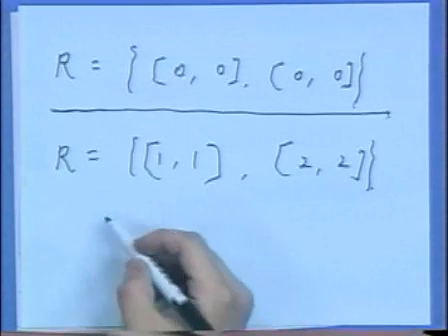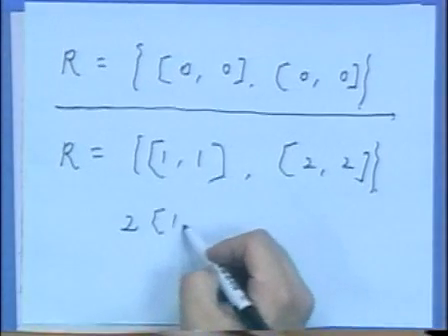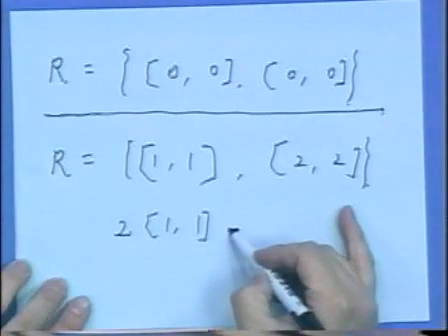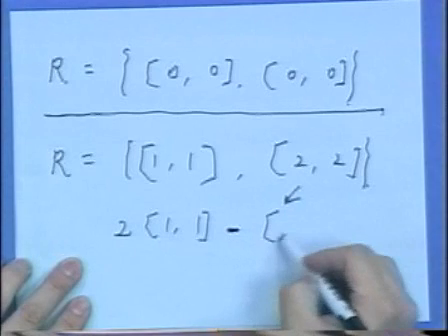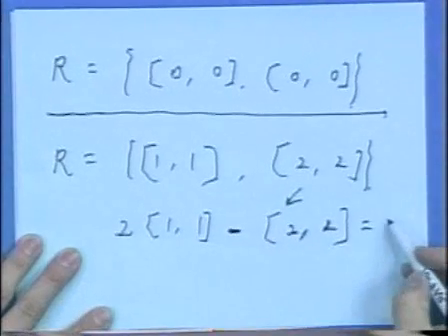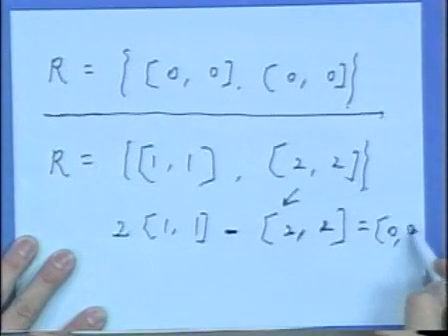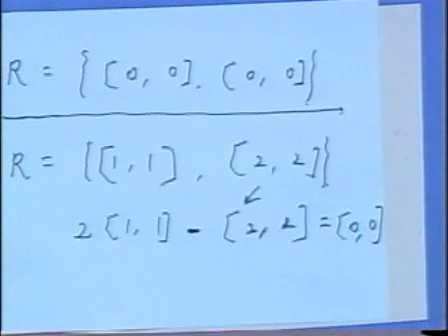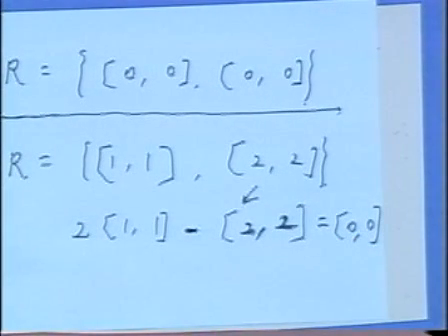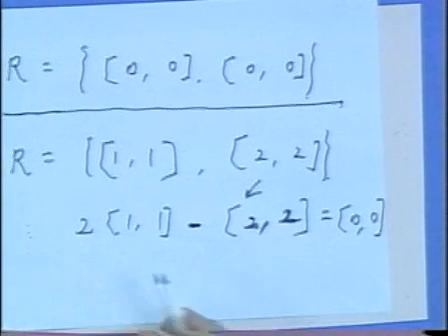Because in this case, 2 times (1, 1) minus the second element (2, 2) becomes (0, 0). Okay? This means that rank of A cannot be 2. So rank of A must equal 1 in this case.